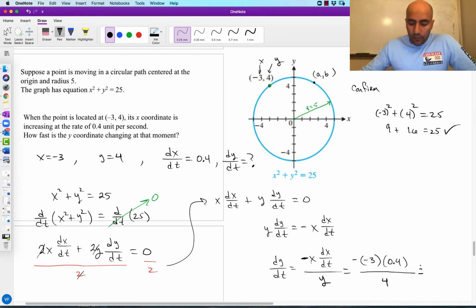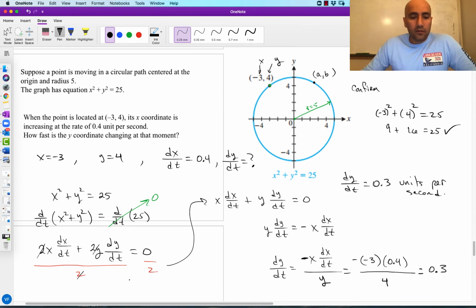So now if we multiply that all together, we should get that this is equal to 0.3. Okay, so bringing it together, dy/dt equals 0.3 units per second. So the y-coordinate is increasing.